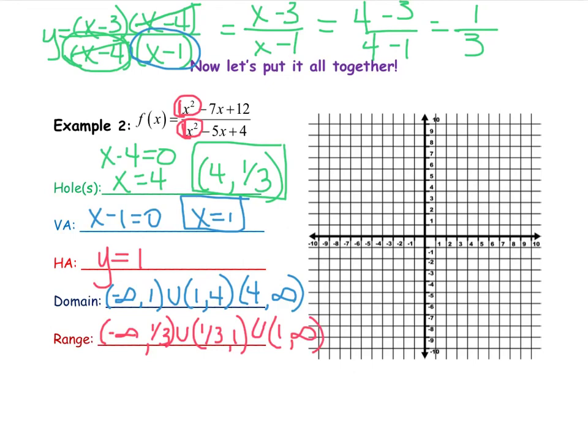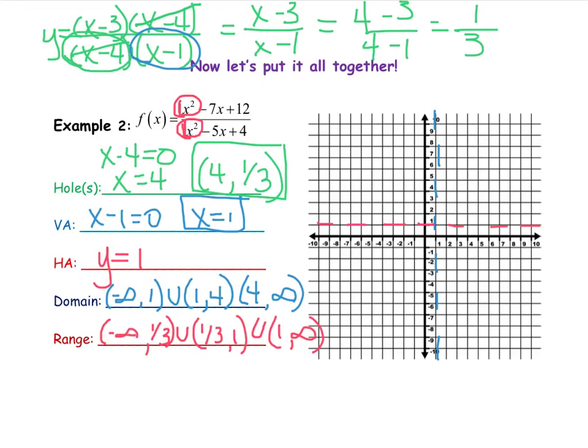Now let's go ahead and graph it. First I'm going to graph the vertical asymptote, which is x equals 1. And then I'm going to graph the horizontal asymptote, which is y equals 1. And remember, it's y equals 1 because it's going through the y-axis where y equals 1. Next, I'm going to draw my hole as accurately as possible.